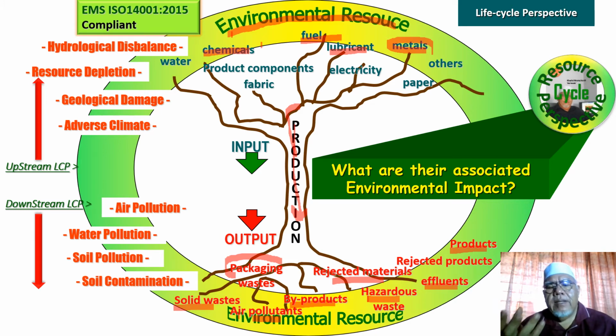The environment is actually being tampered with, mostly from the extraction of resources, and it becomes unstable. Resources are depleting. There's a lot of ecological imbalance or disbalance, however you put it. The TCA cycle, Krebs cycle, hydrological cycle, nitrogen cycle, sulfur cycles, and all these are being disrupted.